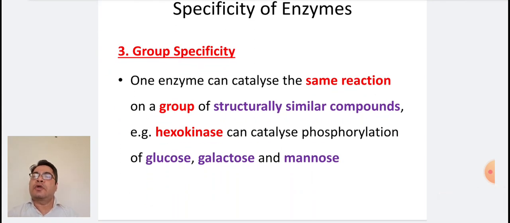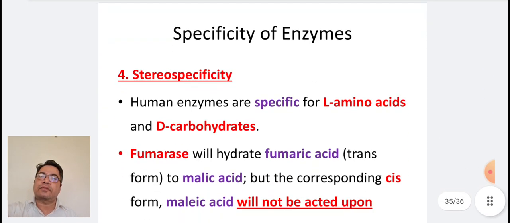Third is group specificity. The enzyme can react in the same reaction on a group of structurally similar compounds. Example, hexokinase can catalyze phosphorylation of glucose, galactose, and mannose.